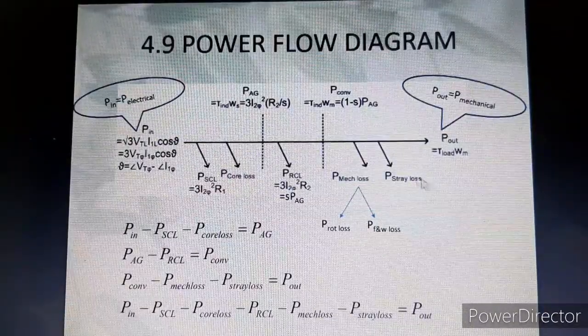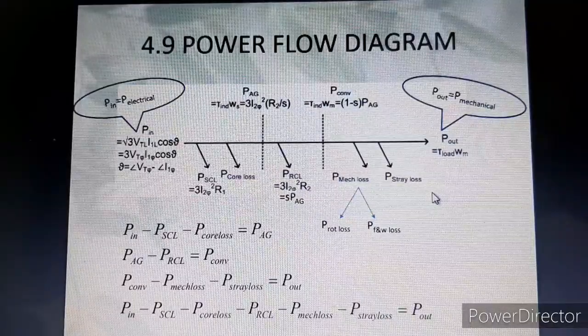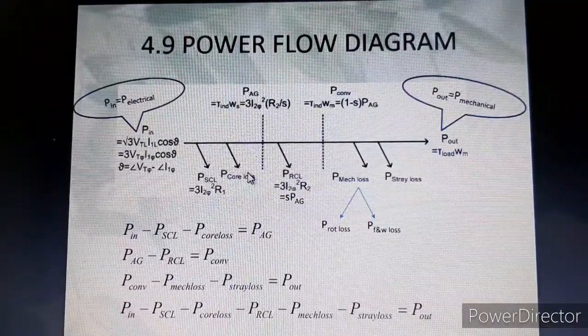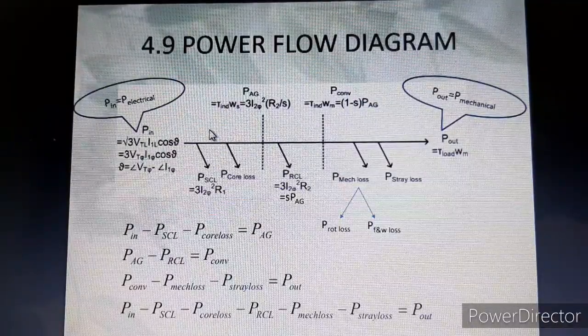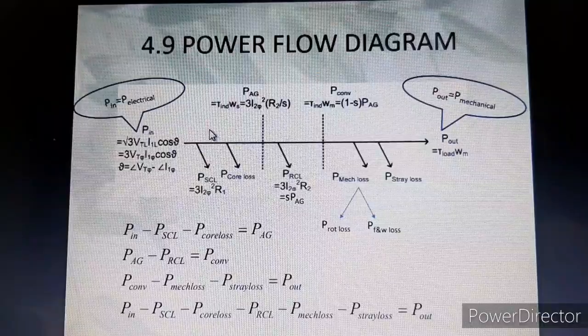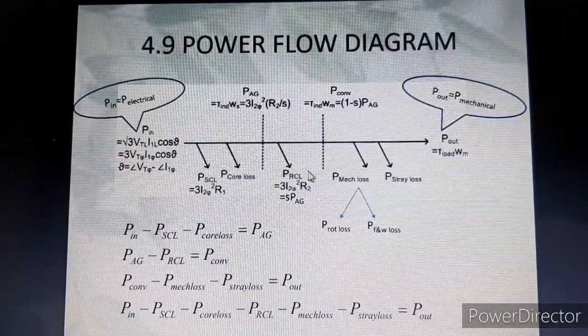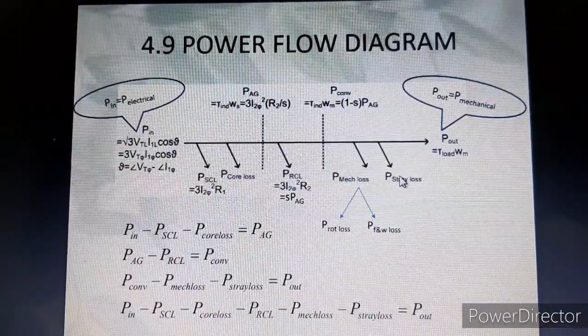The explanation of each loss will be stated in the next slide, but I just want you to understand how the power flow works. The arrows downward are your losses.